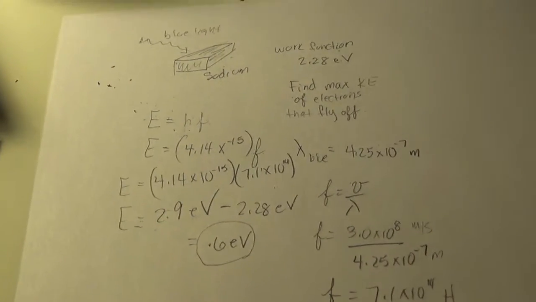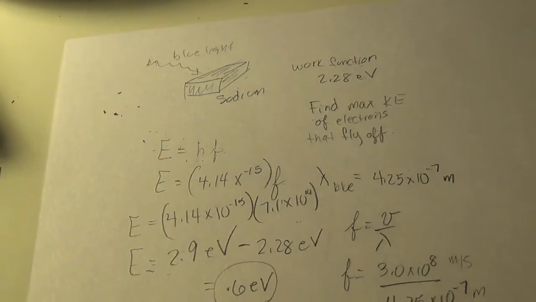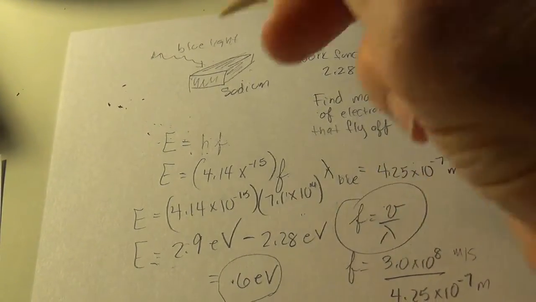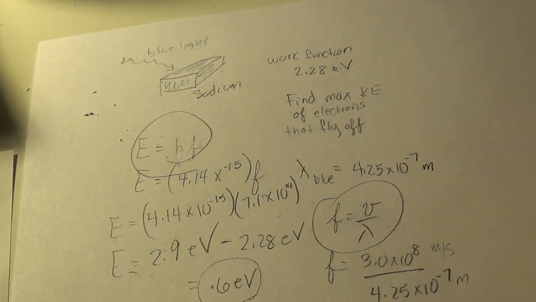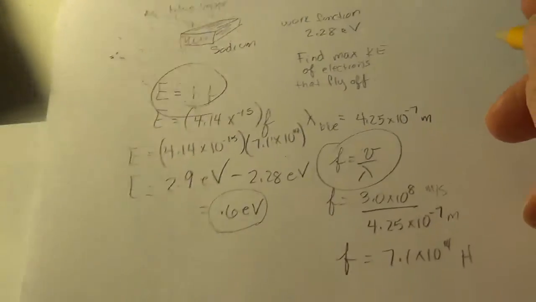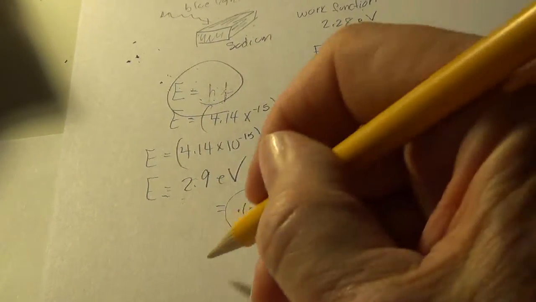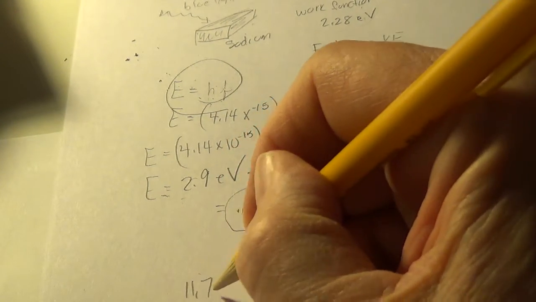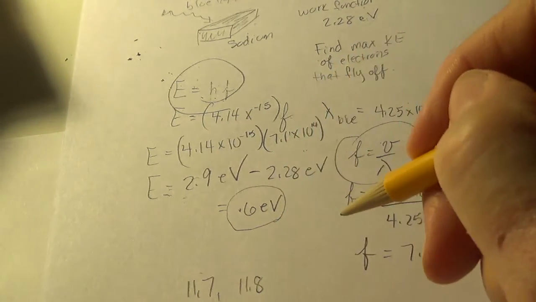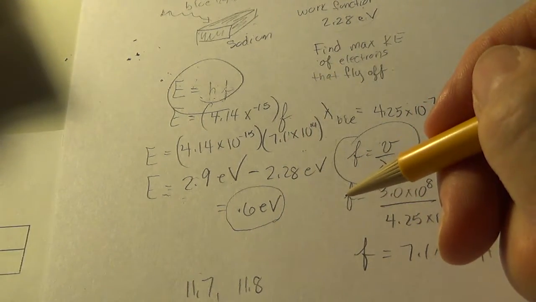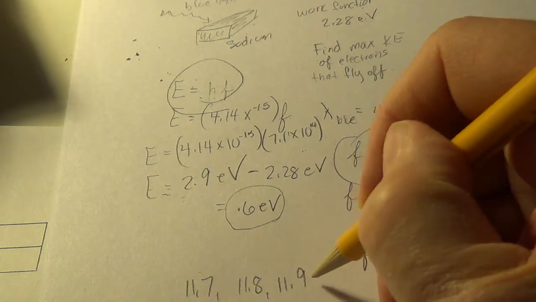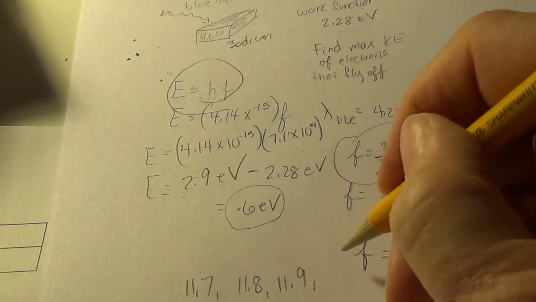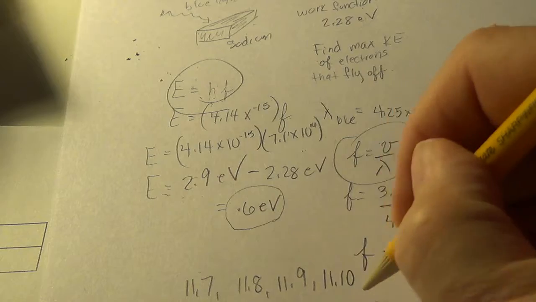These are the kind of concepts, and this formula, dancing around with this formula, those are the ones that you're going to need in order to do your OYOs. So the OYOs will be 11.7, 11.8, 11.9, and 11.10.